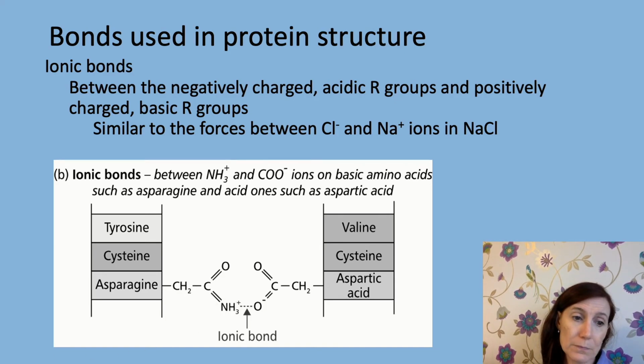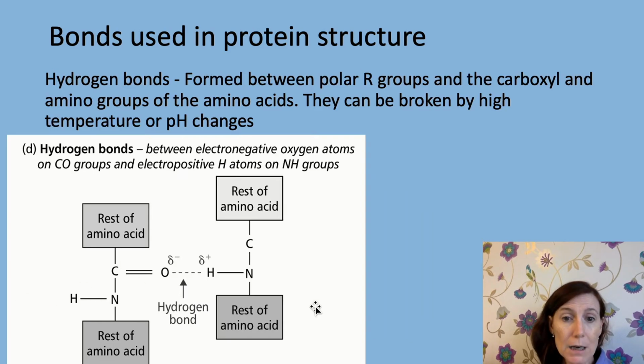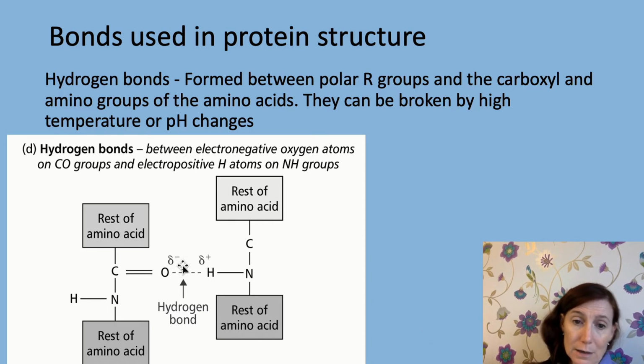We've then got the third type of bond, are you ready? It's the hydrogen bonds, which we've already met. They hold them together in a secondary structure, but we can also see that here between this C double bond O and the NH here, we've got a hydrogen bond between the two. Just before I move on, just be aware hydrogen bonds can be broken.